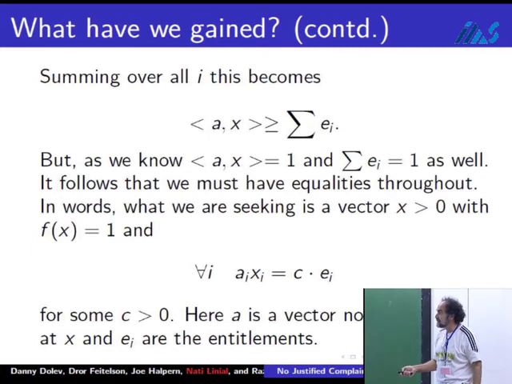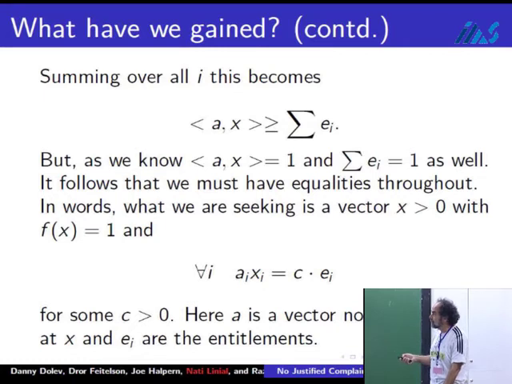This means it lies on the smooth upper boundary of Q. And you have this system of equations: ai times xi is ei times the constant. So this vector, where the i-th coordinate is ai times xi, is proportionate to the vector e. And a is the normal, so again, x lies on the boundary of Q. It satisfies x is positive and f of x is 1.